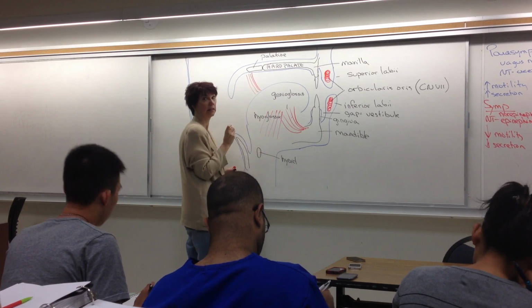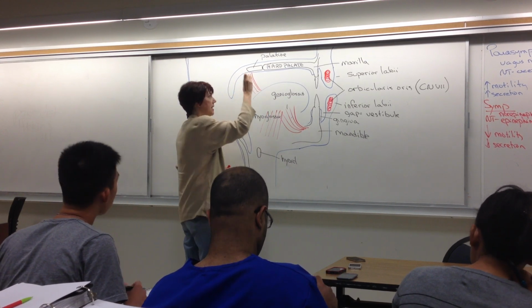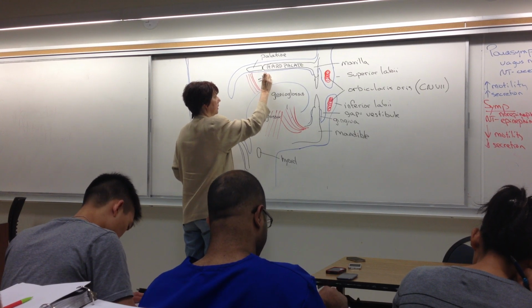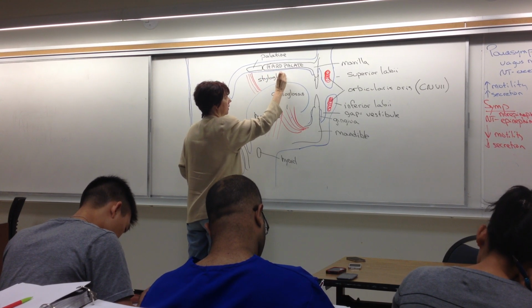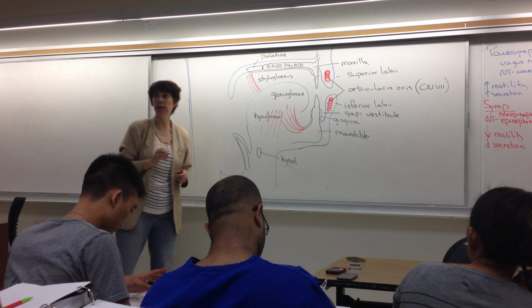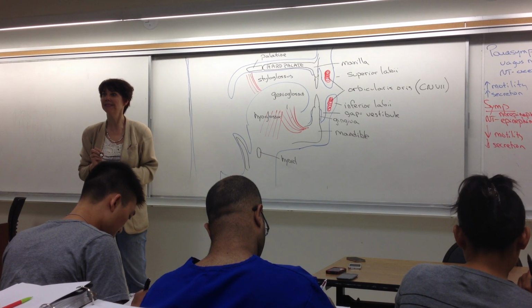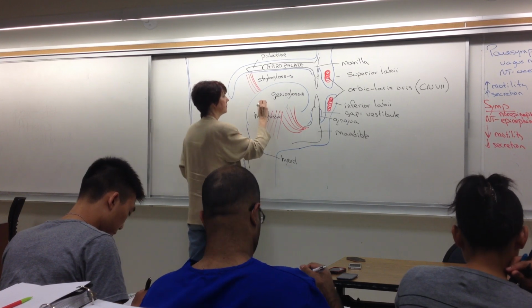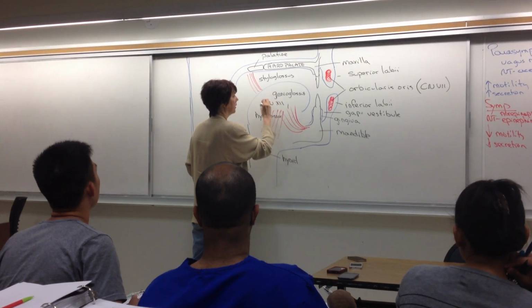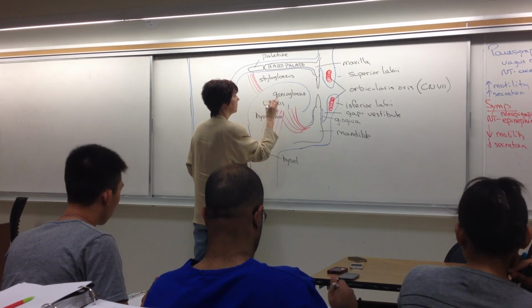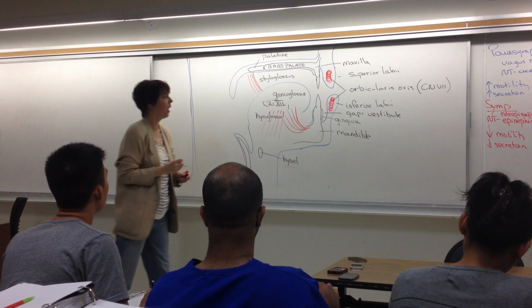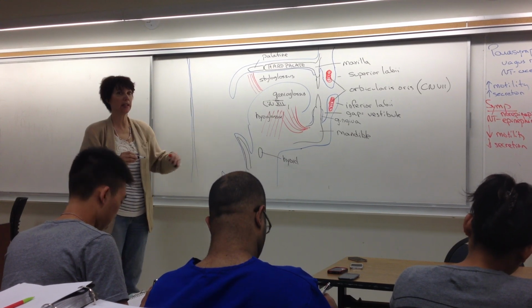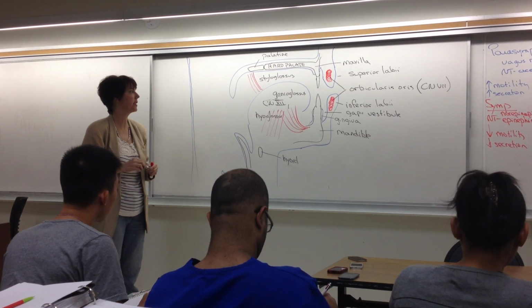And up here, coming down, styloglossus. All right, and what's the cranial nerve that innervates those muscles? 12. Hypoglossal nerve.